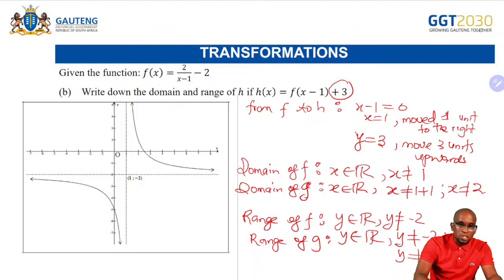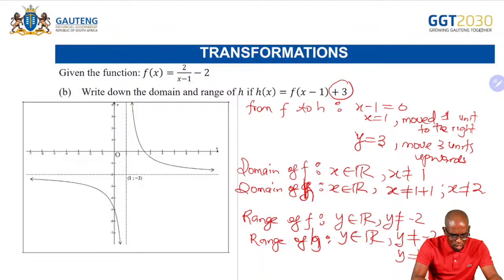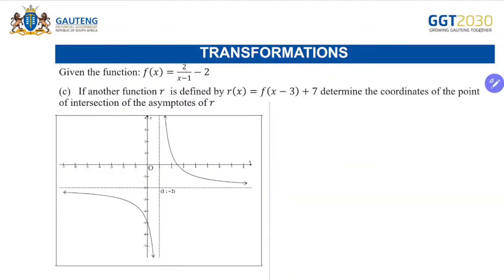So that's what we did. Remember, there's another way of doing it. Sorry, I'm using g here instead of h. You can find the equation of h first, and then you can get the domain and range from that specific equation.